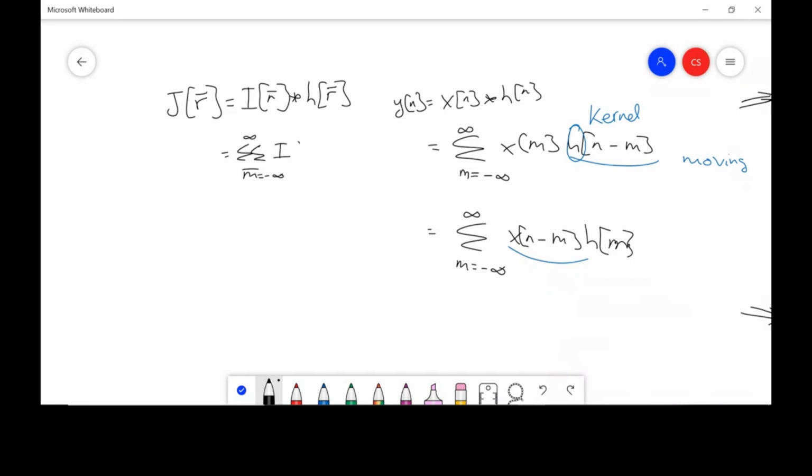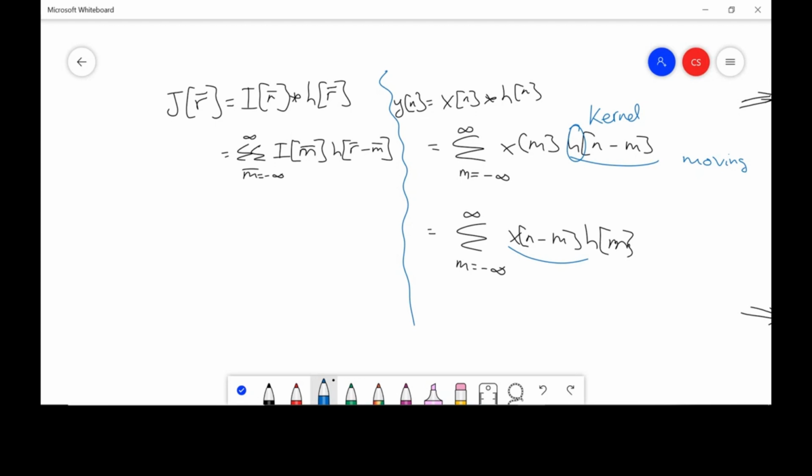It will be the same: the sum over m of I of m and h of n minus m.